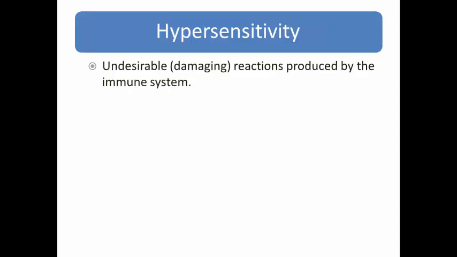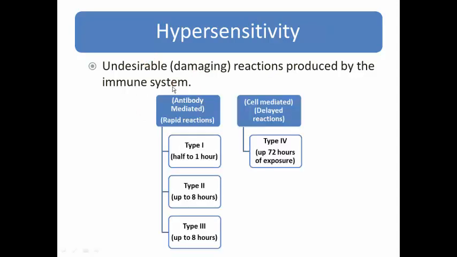What is the meaning of hypersensitivity? Hypersensitivity is an undesirable or damaging reaction produced by our immune system. We have two main classes: antibody-mediated or rapid reaction hypersensitivity, and the other arm, cell-mediated or delayed.